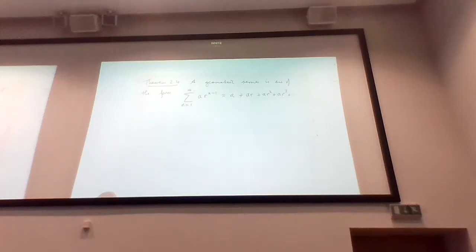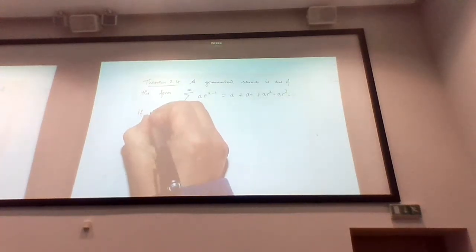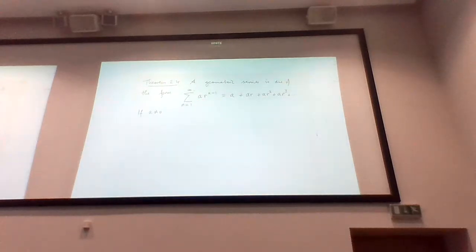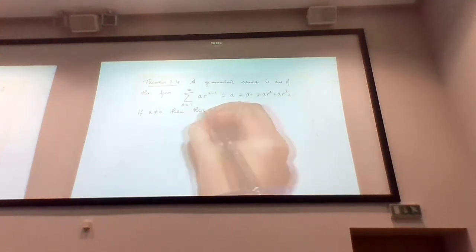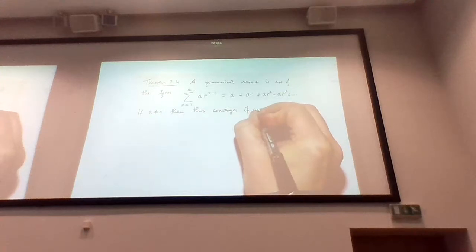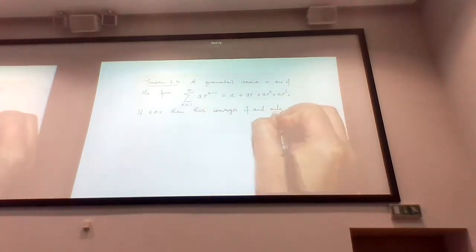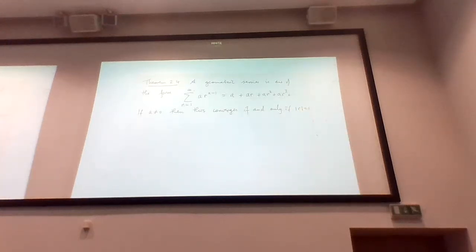And the theorem is quite powerful. It tells the complete story about these series. It says if a is non-zero, then this converges if and only if the absolute value of r is strictly less than 1.